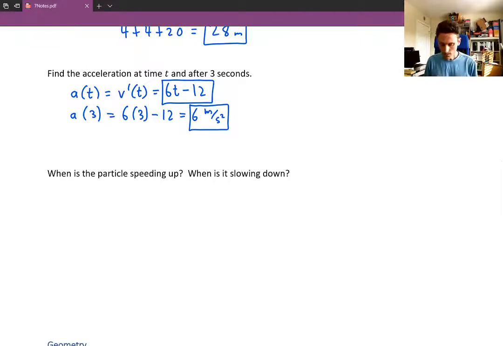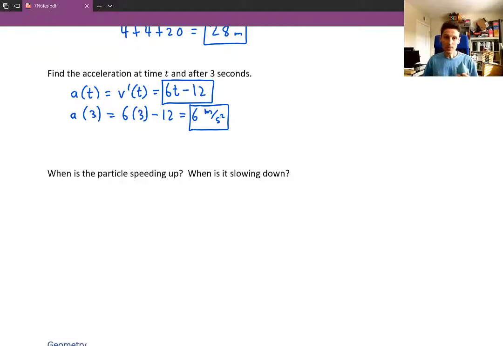Now the last question here asks for when is the particle speeding up and when is the particle slowing down. And to demonstrate speeding up and slowing down, what kind of scenarios you'd be looking at there, I'm going to enlist the help of my friend the water droplet. So this water droplet is going to represent the particle moving along the number line.